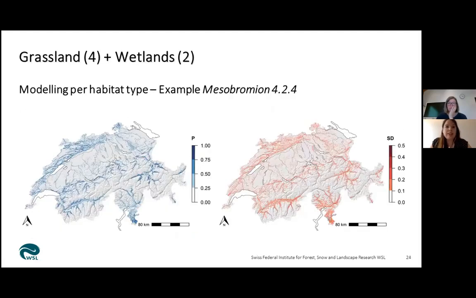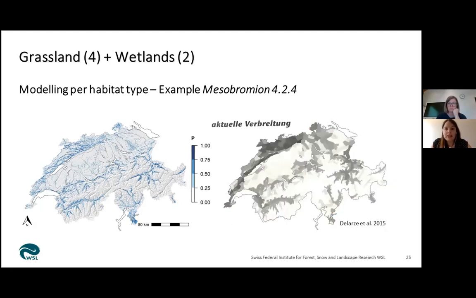And next, please. Here we have an example for the Mesobromion, which is a dry meadow. On the left, we have the predicted probability of occurrence, and on the right, the corresponding standard deviation. And next, we can see a comparison to the current distribution as it is shown in the book by Delarze and colleagues.